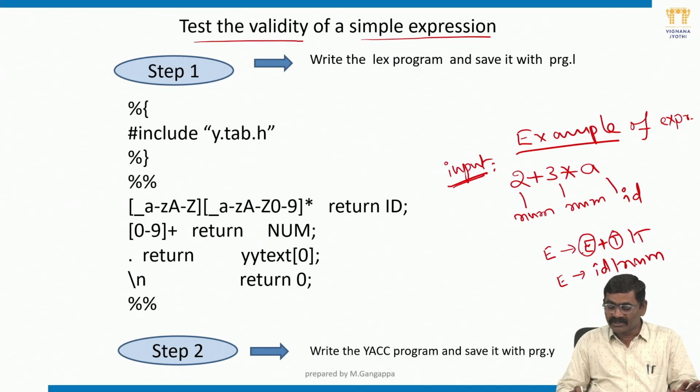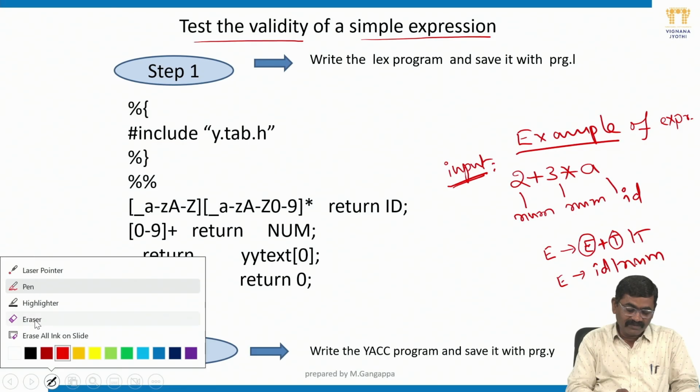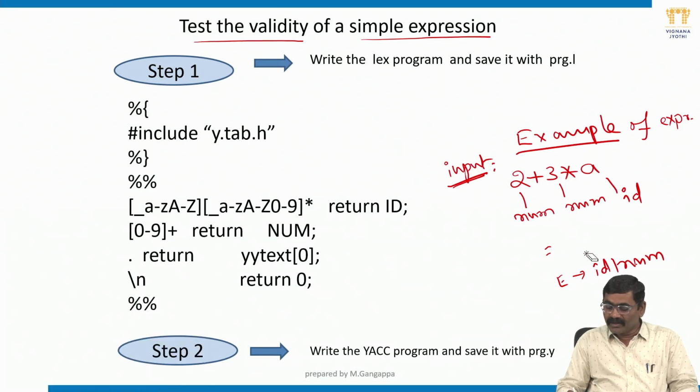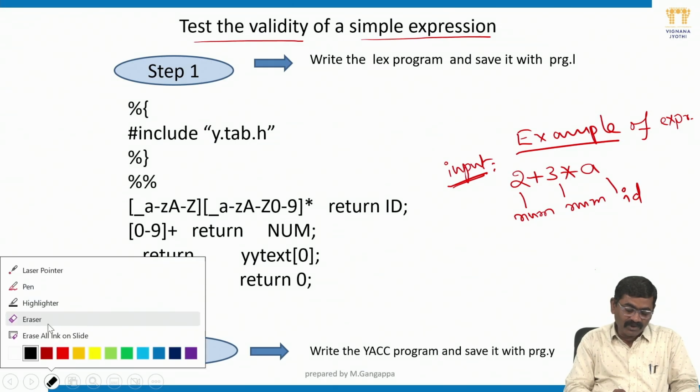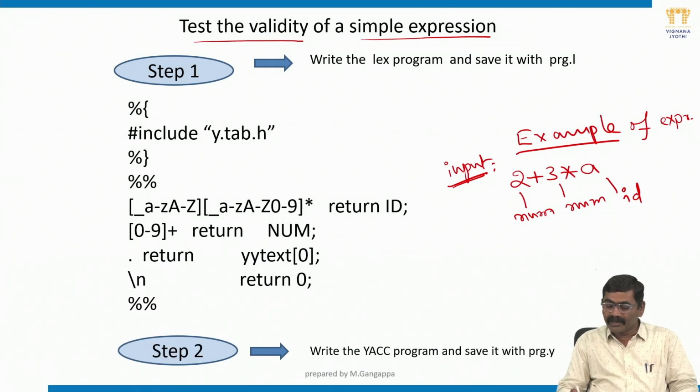So that's why first we need to write a program to identify the number as well as identifier. Only the scanner will identify whether this is a number or whether this is an identifier.